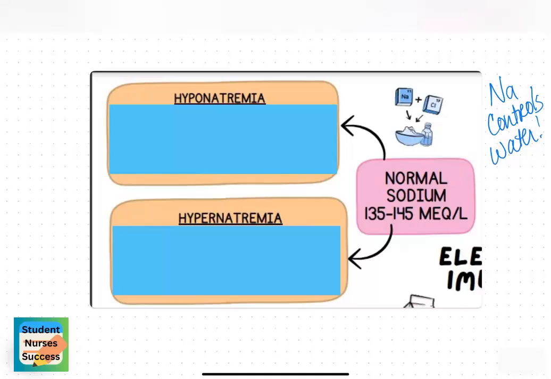Now, hyponatremia or low sodium means that there's not enough sodium outside of the cell. So in this particular case, water from the outside moves into the cell to balance, leading to cellular swelling.